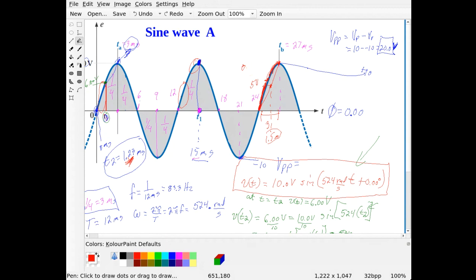It's reaching it just under 1 millisecond, not 1.5 milliseconds, because it's going up very fast and then it slows down. So it's not linear.